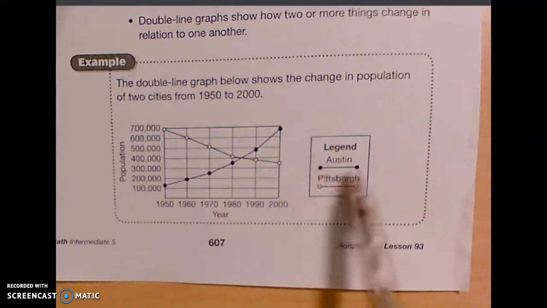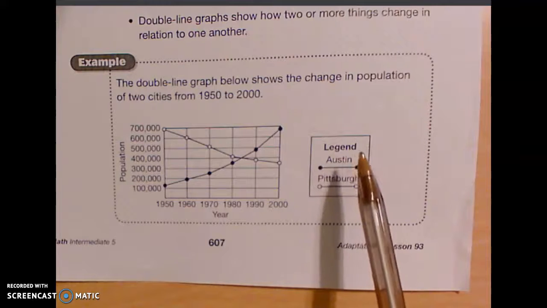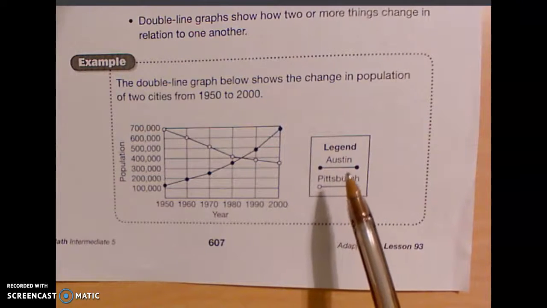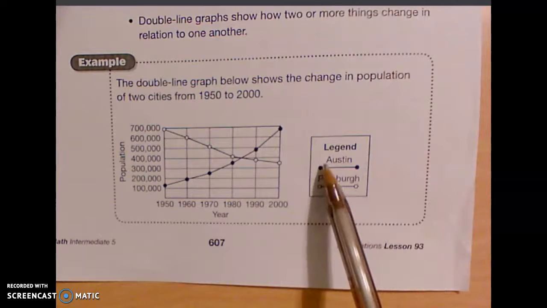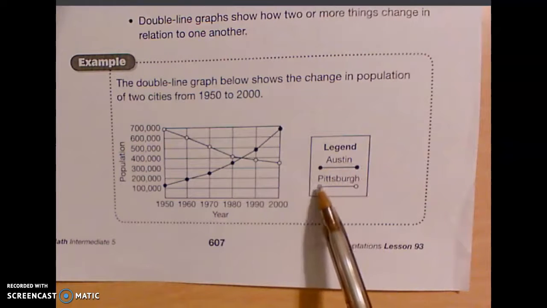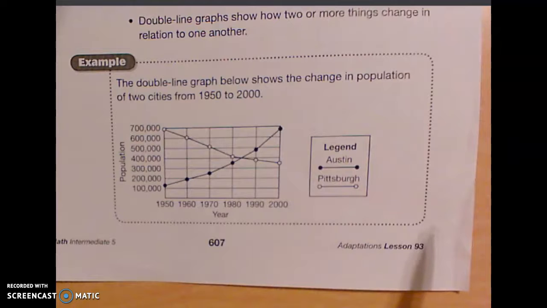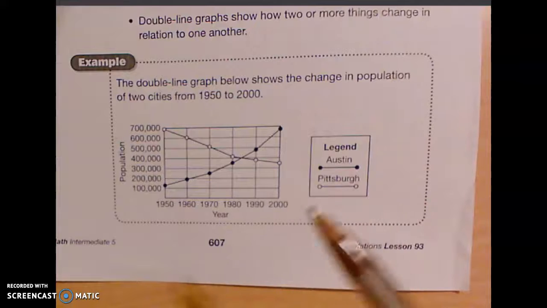The legend to the right of our double line graph tells us which line belongs to which city. So Austin is going to have a filled-in dot, Pittsburgh will have the open dot, all right? Approximately, what was Austin's population in 1970?